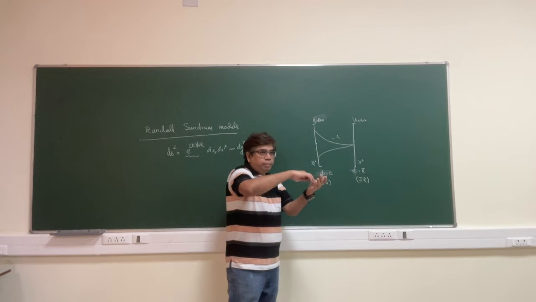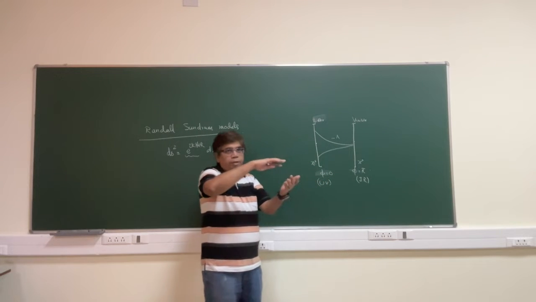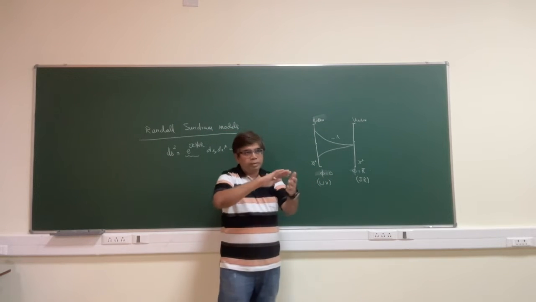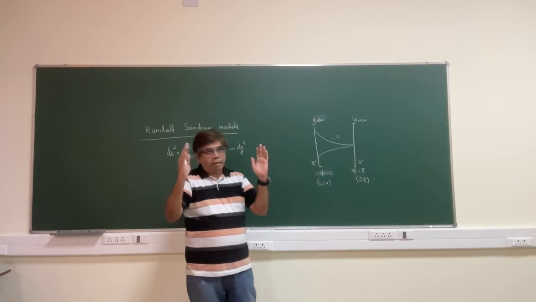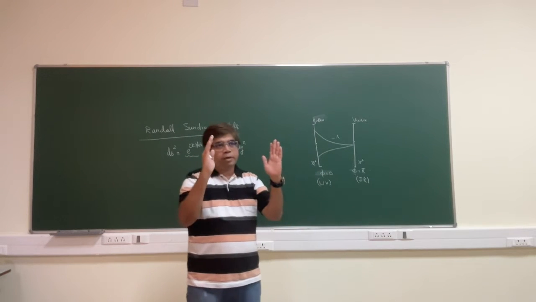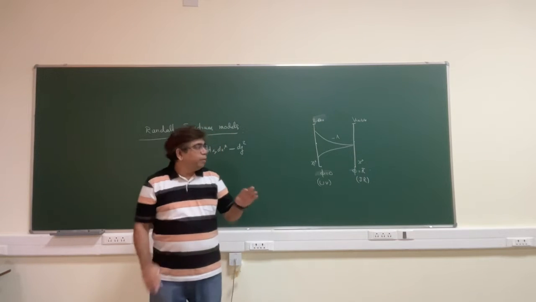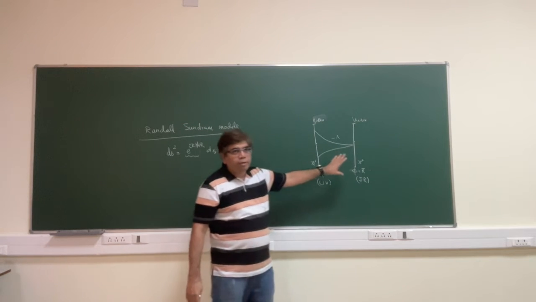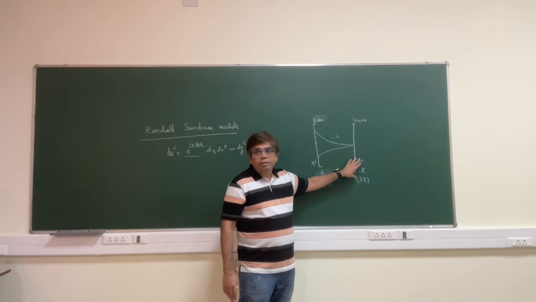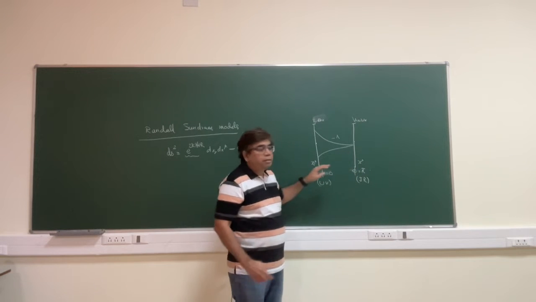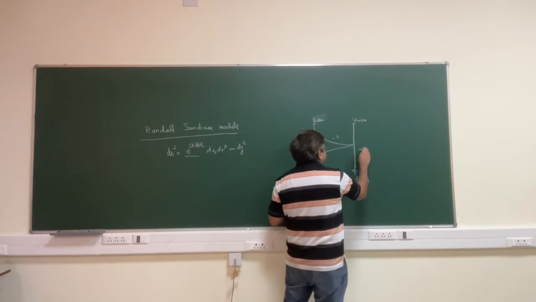At each x mu you have an extra dimension, which is essentially a line. The boundary conditions on this side are different than the boundary conditions on the other. So only one x mu has the standard model fields, which we call the visible brane, which is the standard model.